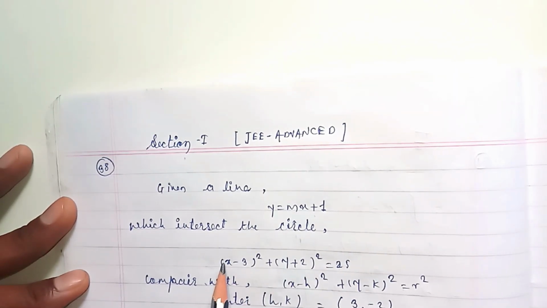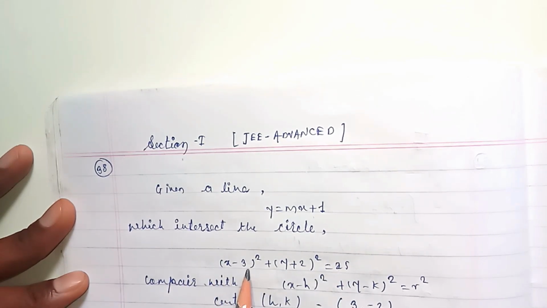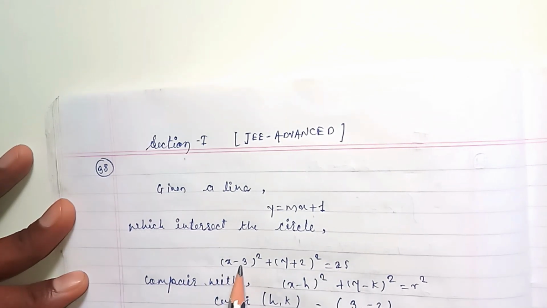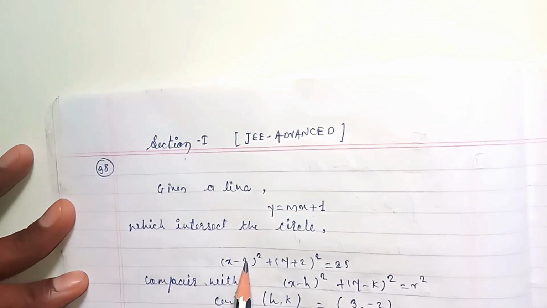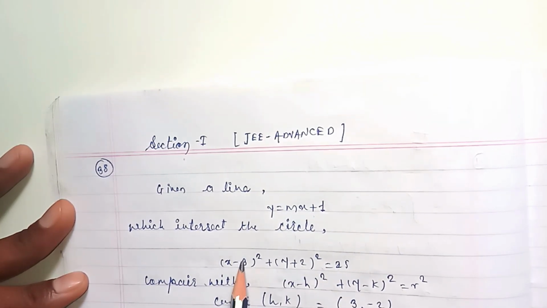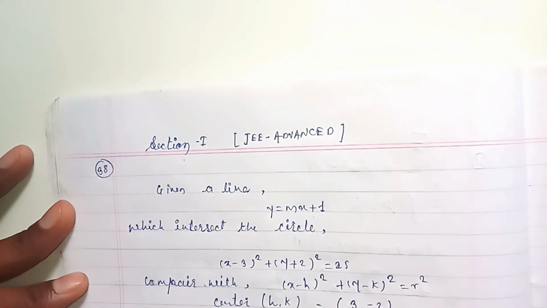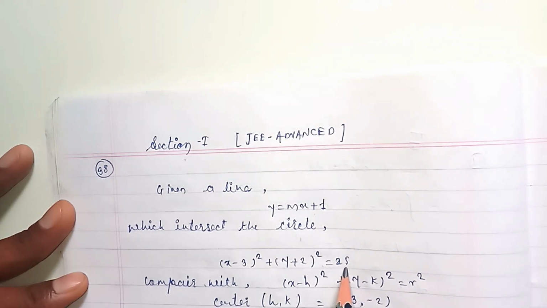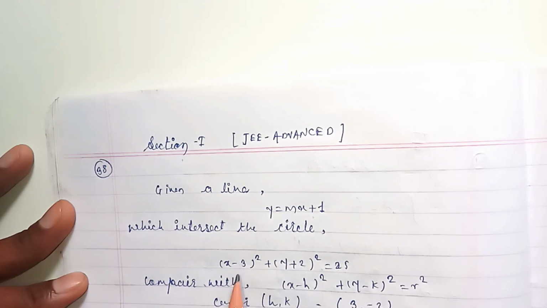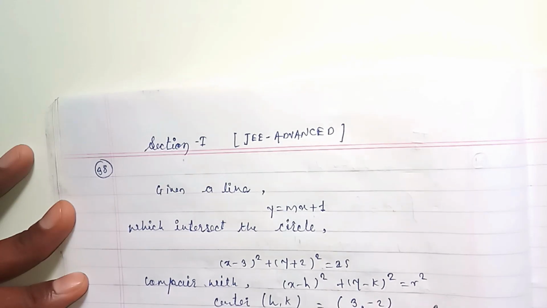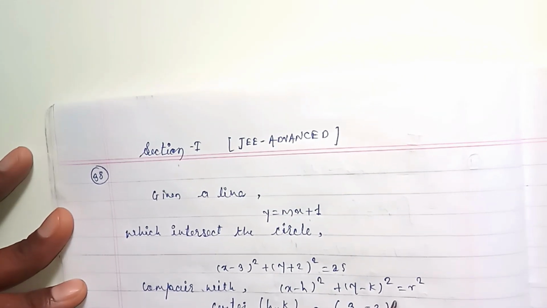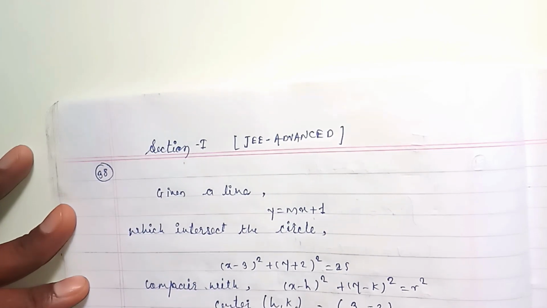If we see this carefully, it is the equation of a circle having center (h, k), which is non-zero, and a radius. The standard equation of a circle with center (h, k) is (x minus h) square plus (y minus k) square equal to r square, where (h, k) is the center and r is the radius.